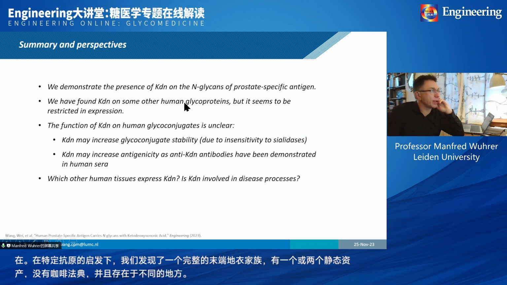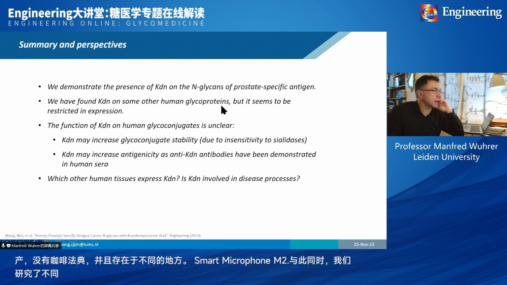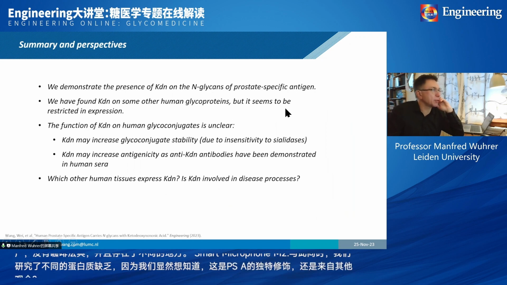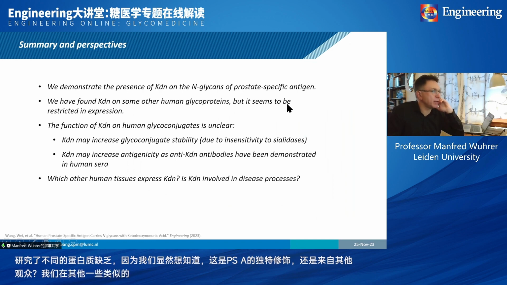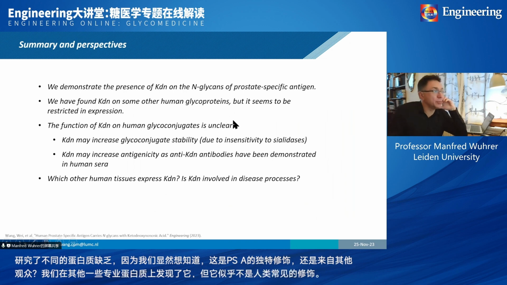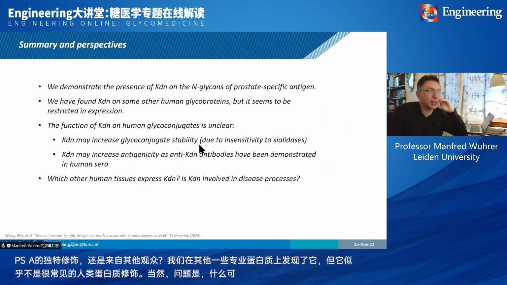In the meanwhile, we looked at different glycoproteins because we wondered whether this is a unique modification of PSA or is found on other proteins. Yes, we found it on a few other glycoproteins, but it doesn't seem to be a very common modification on human glycoproteins. Of course, the question is what could be the function of such a modification.